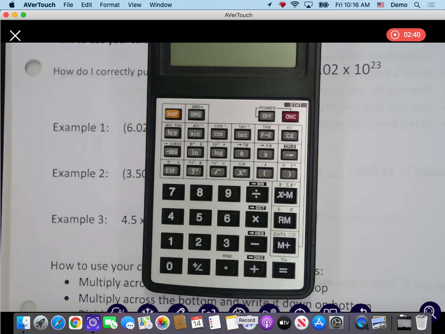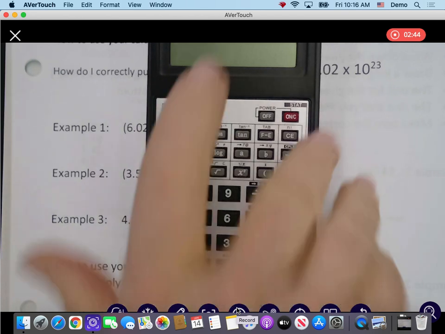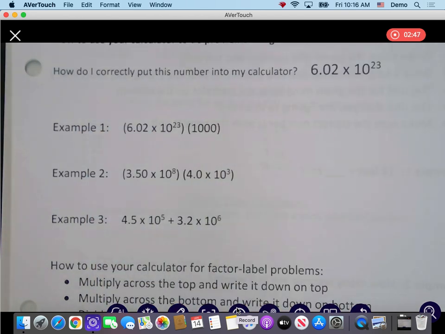How many of you have this as a second function on your calculator? Raise your hand. So you'll be touching two buttons. You want to train yourself to touch the first one and say times, the second button and say 10. How many of you have the exponent function as just a regular button on your calculator and you're only going to have to touch it once? When you touch it, you say times 10.